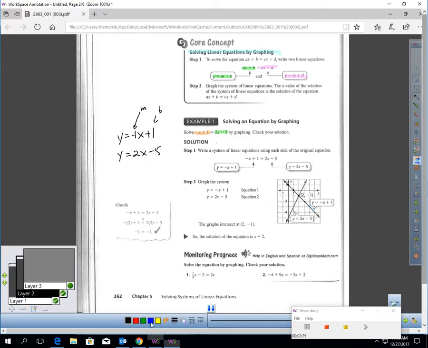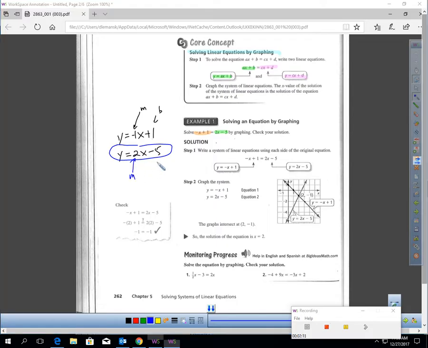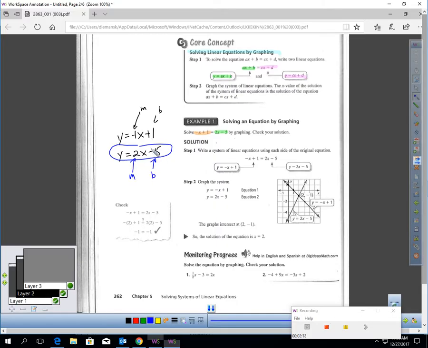For this equation, let me do this in blue, my slope is 2, and my y-intercept is -5. So let's go to -5, that's here, and my slope is 2, up 2 over 1, up 2 over 1. And when I draw those two lines I'm meeting at this point, the point 2, -1.